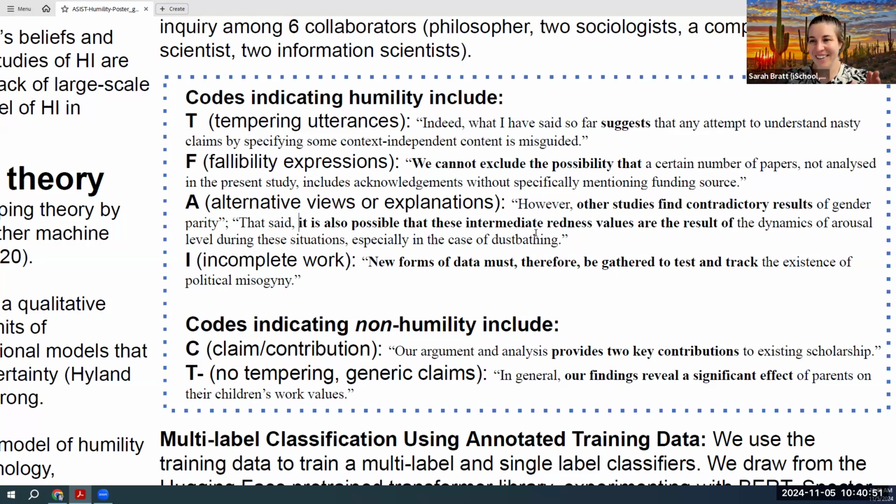Okay, finally, incomplete work. "New forms of data must therefore be gathered to test and track the existence of political misogyny." This is acknowledging that their work is not complete, that there's more to be done, that their work is not the end all be all, that they didn't cover everything that they could have possibly covered in the study.